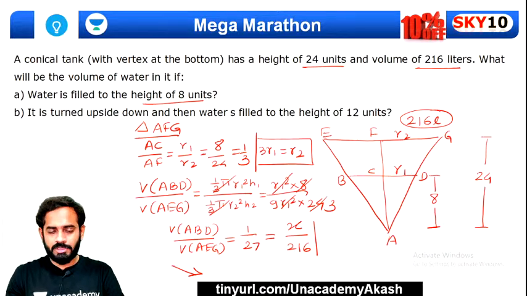Okay, so from here the value of X comes out to be what? You will get 216 divided by 27, that will be 8. So 8 liters is the capacity, 8 liters is the volume of water filled over here.